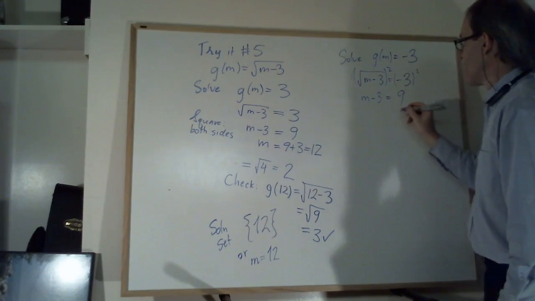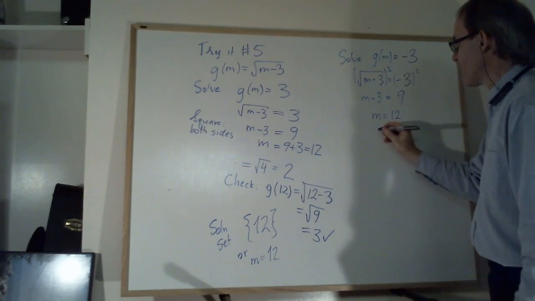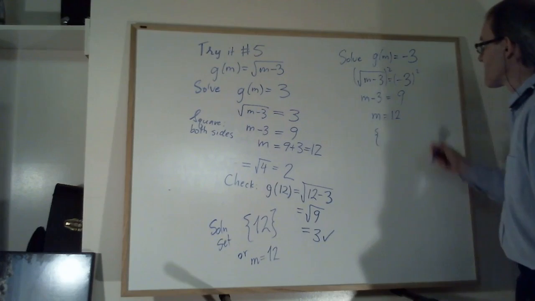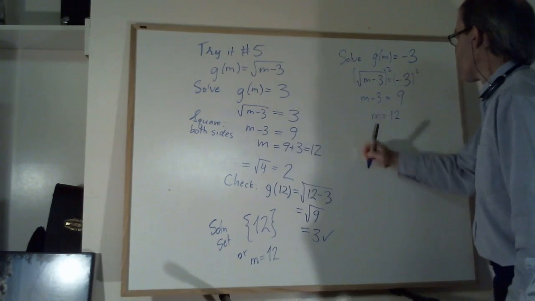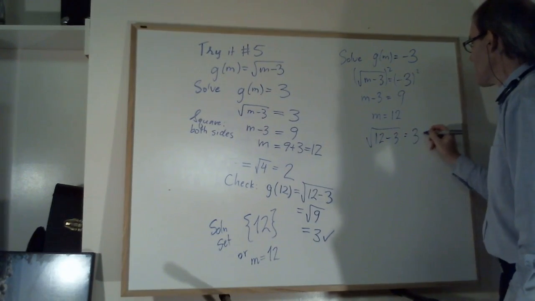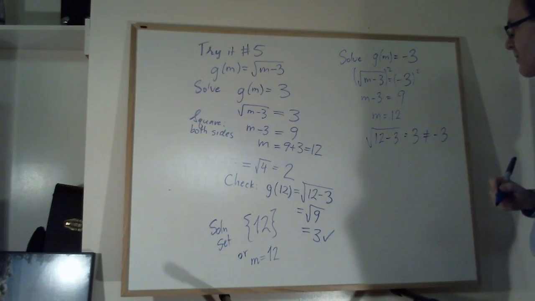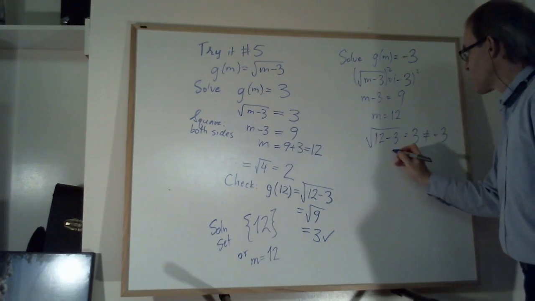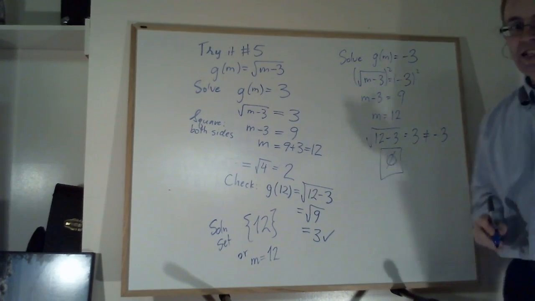And then I'll still get the same possible solution as before, but what happens when I plug it back in? When I plug it back into the original equation, I get 12 minus 3, which is 3, and that's not equal to minus 3. Remember, this is the positive square root all the time. So the answer is actually no solution. So that's the solution set, the empty set.